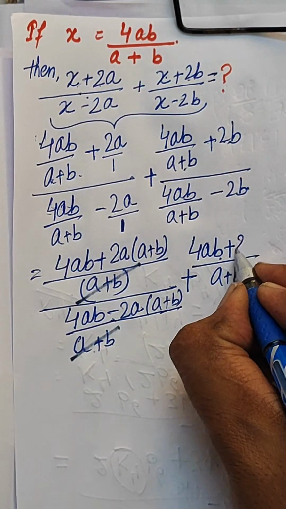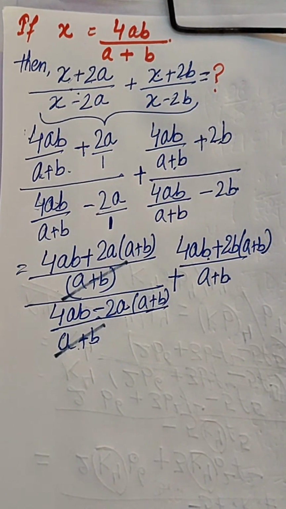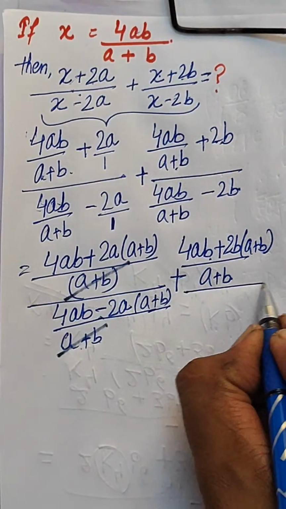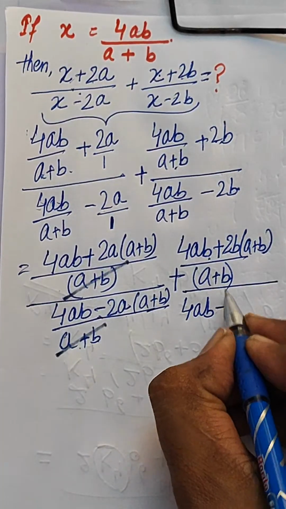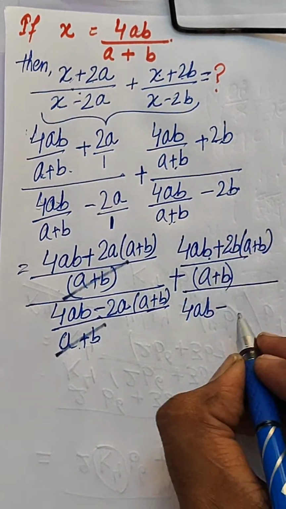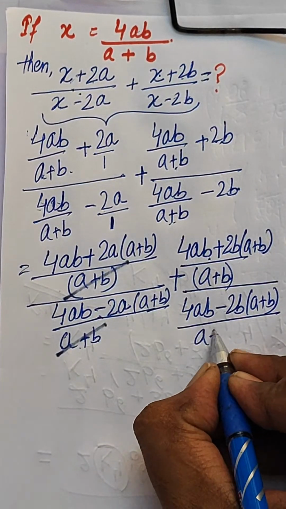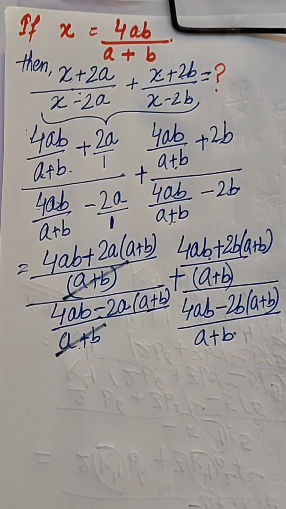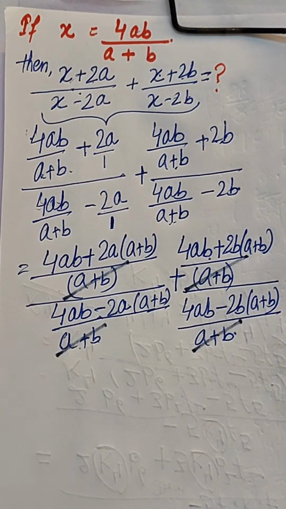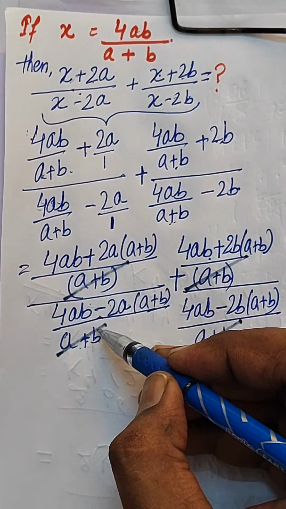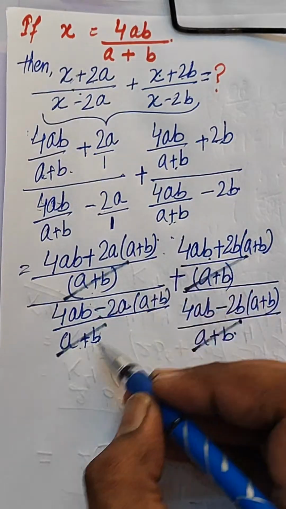So divided by, again, 4ab minus 2b into a plus b divided by a plus b. So here also you can see this a plus b and this a plus b will be cancelled out, right? Because the denominator will be going to the numerator. So here it will be cancelled out.